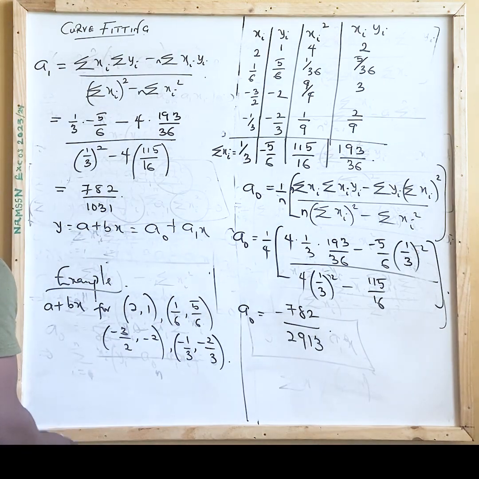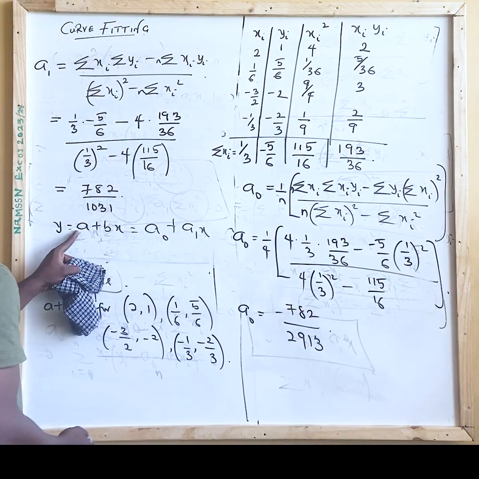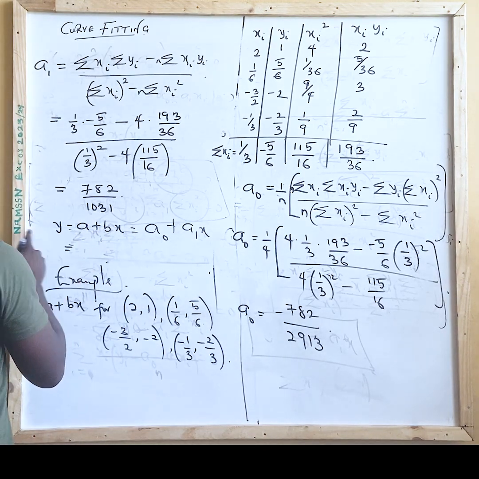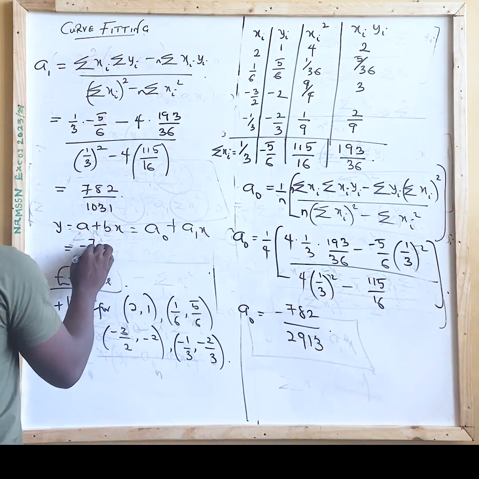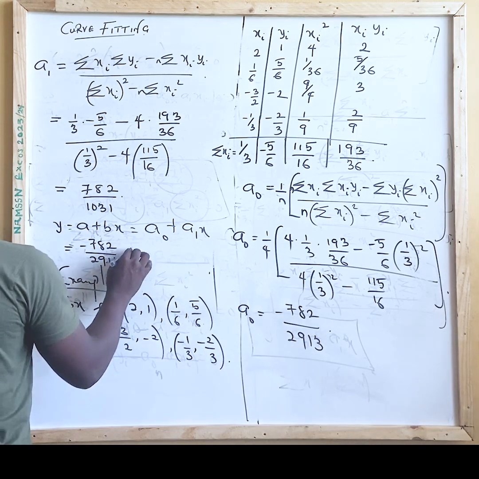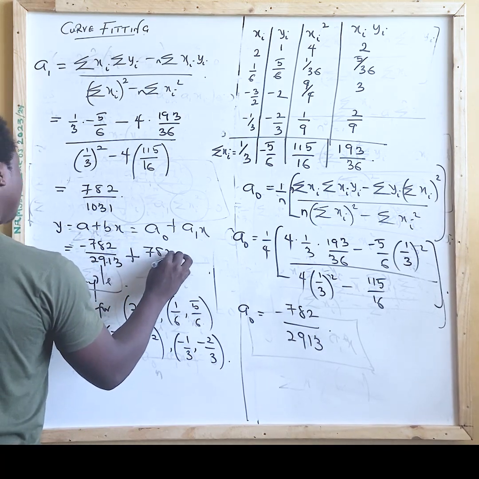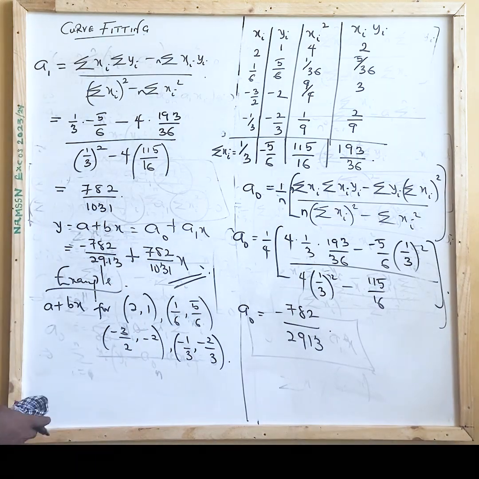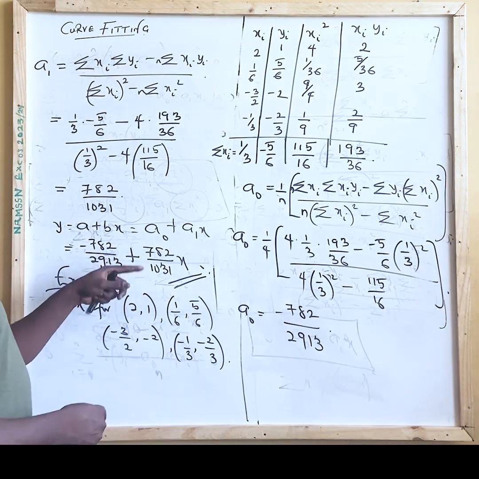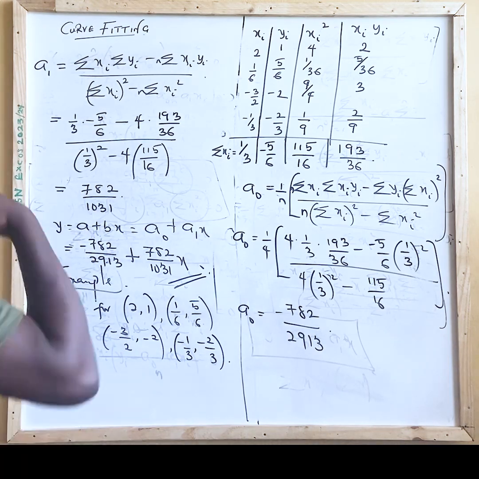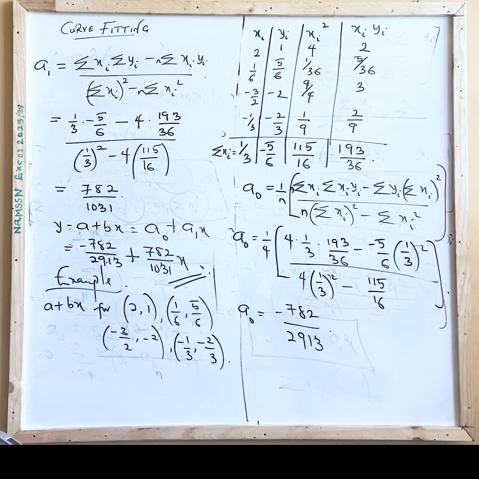So my a here is a naught, my b is a1. So we have our result: a naught is minus 782 over 2913, plus a1, 782 over 1031, times x. By doing this, we've fitted this set of points to this polynomial, and that's a polynomial of degree 1.